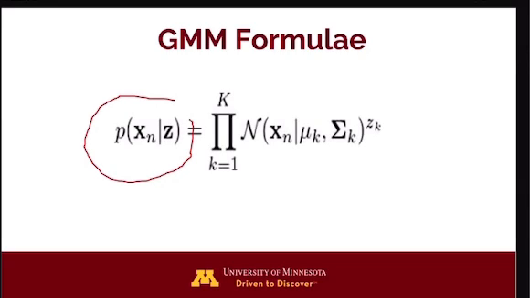That's what I want to find now, which is going to be a product of normal distributions. Of course, what are we doing here? This is more or less like I'm multiplying the normal distribution for cluster 1, the distribution for cluster 2, until I get to the distribution for cluster K. That's exactly what I'm doing here.